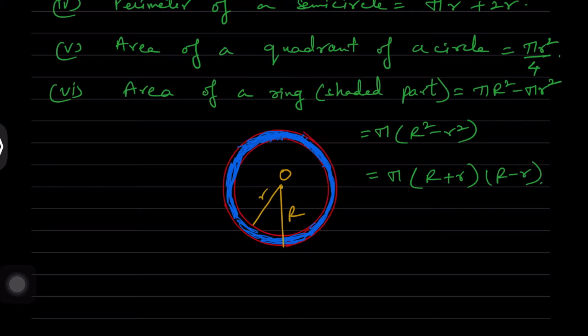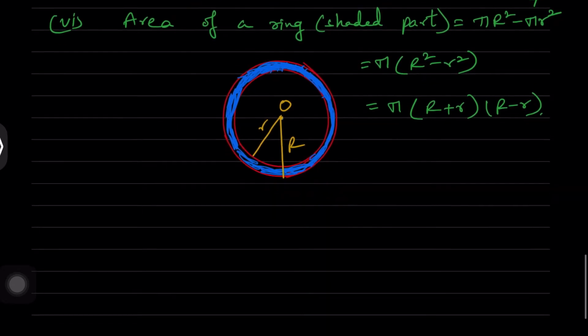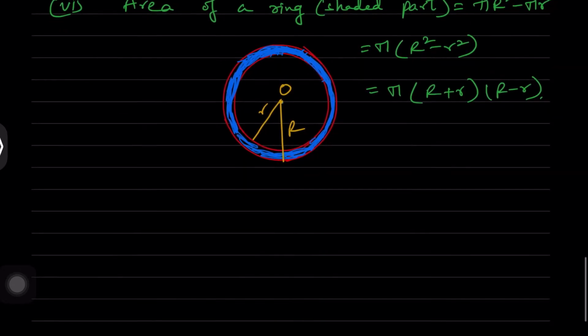This will be more easy. All three are the same, so the area of a ring or shaded part is equal to this.